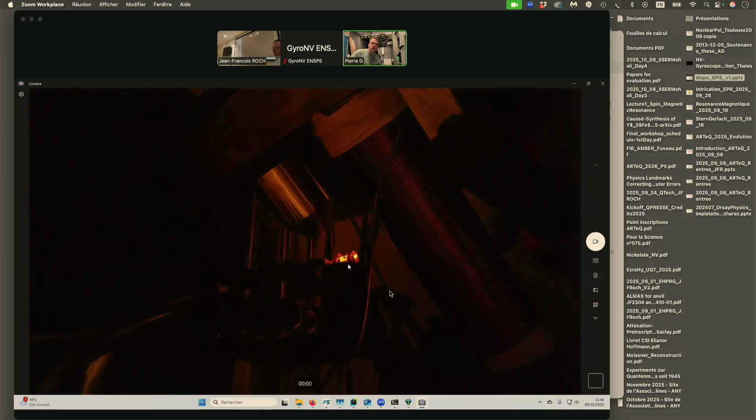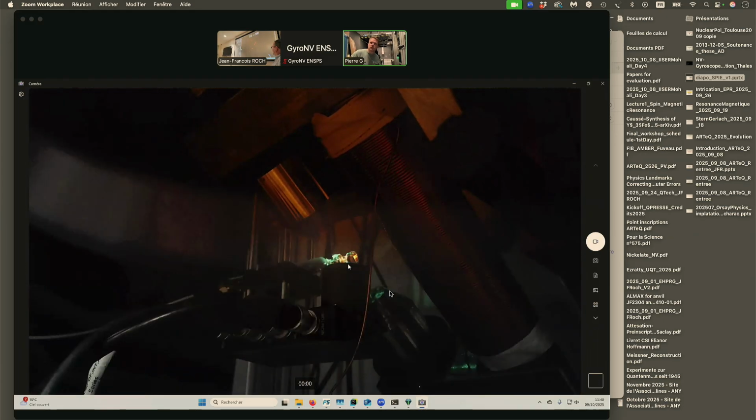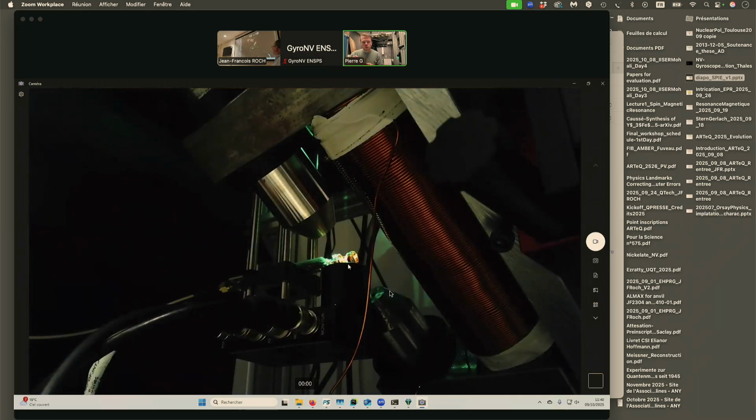Here the light you can see is only due to orange fluorescence from the diamond. So this fluorescence is what we'll use as a signal, and down here you cannot see much, but this is the photodiode. This is the sensor we use to measure this photoluminescence.